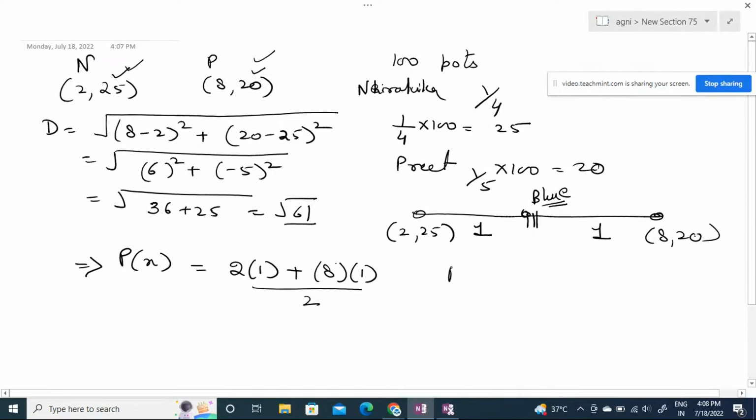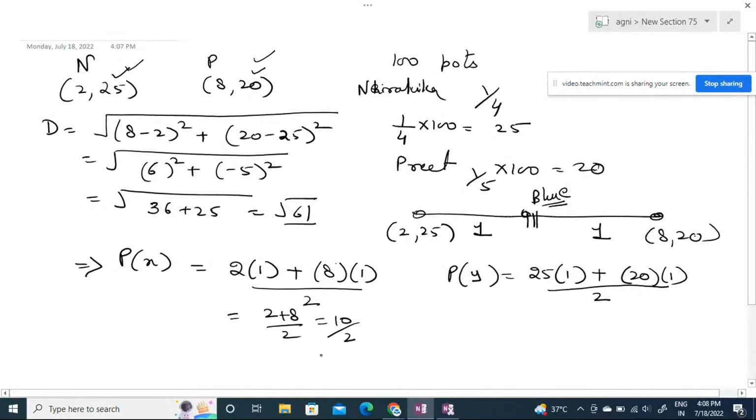Similarly, the y coordinate becomes 25 into 1 plus 20 into 1 by 2. 1 plus 1 is 2. So it becomes 2 plus 8 by 2, that is 10 by 2, which is equal to 5. And here 25 plus 20 by 2, that is 45 by 2.